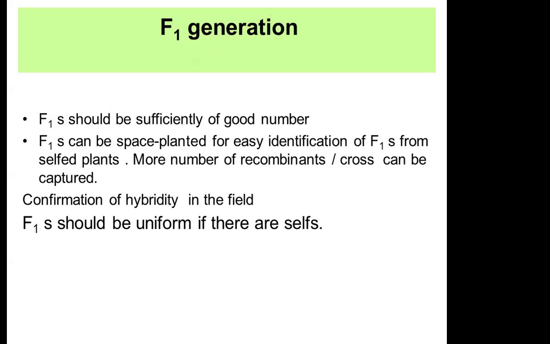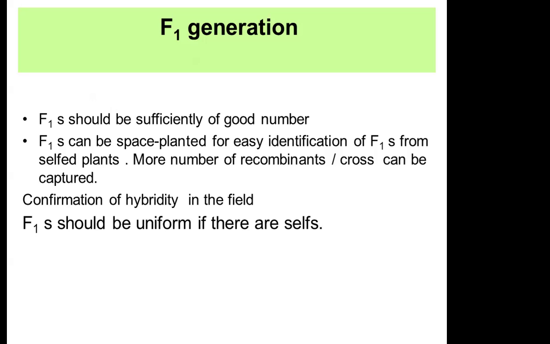And coming to the F1 generation, this is the most crucial generation we have to take care of, like our foundation. This is a very important generation where the recombination takes place, and we'll be getting more recombinants if we grow them, take care and grow them in an ideal situation. And confirmation of the hybrid in the field is very important.